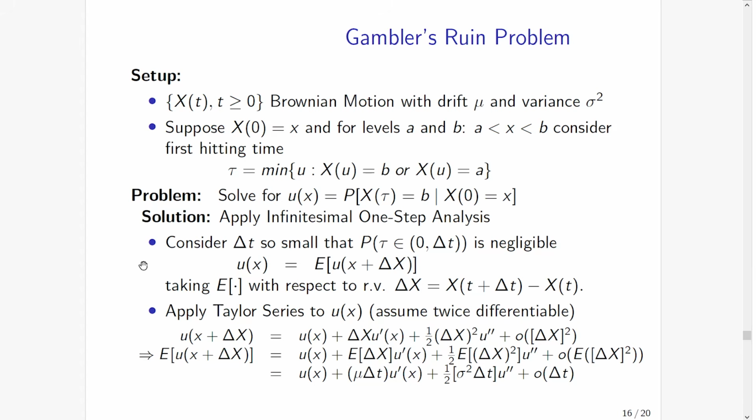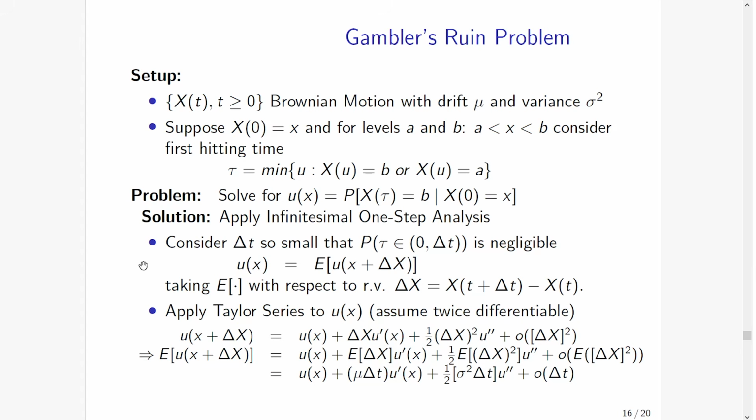And so if we consider u of x and write it as the expected value of u of x plus delta x, then if our delta t time increment is very, very short, then this expectation will equal u of x.